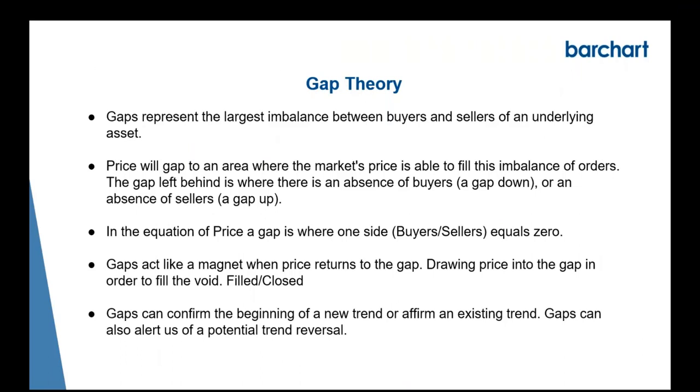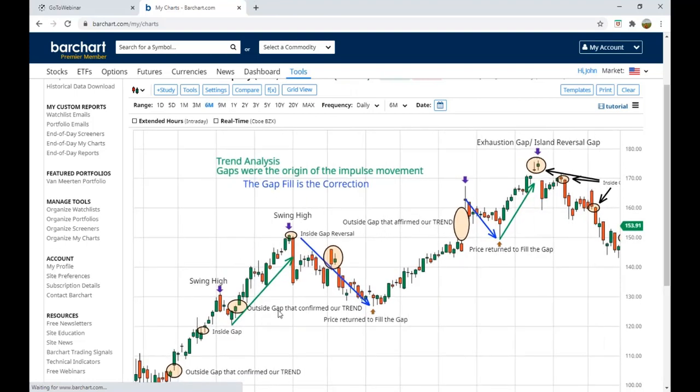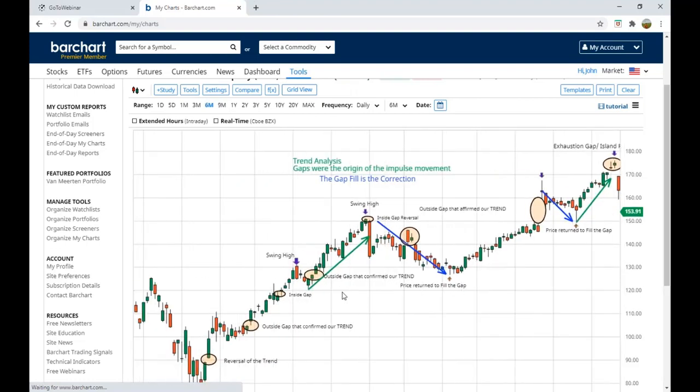Gaps can confirm the beginning of a new trend or affirm an existing trend. And gaps can also alert us of potential trend reversals. So here we see a downtrending market where price gapped up, and that was the beginning of a reversal of this trend.